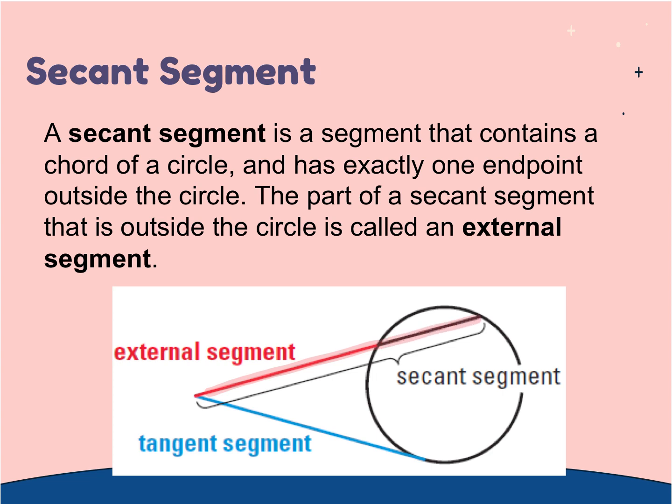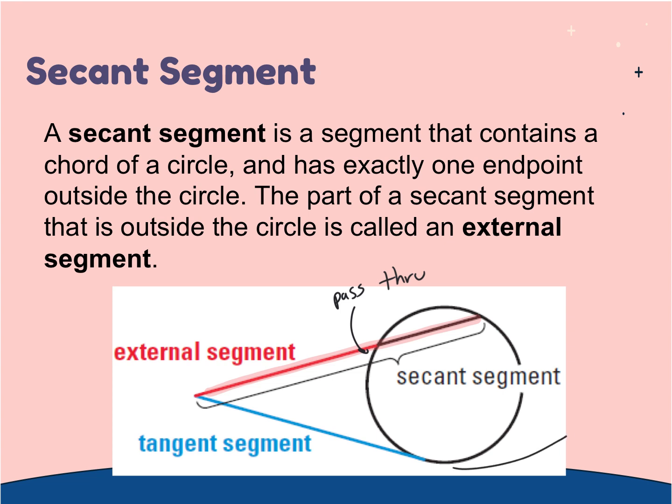What is the difference between a tangent segment and a secant segment? The difference is that the secant passes through the circle. Okay, so it passes through the circle. We have the secant segment inside the circle, the external outside of the circle, but the difference between the tangent and the secant would be that it passes through the circle or it doesn't pass through the circle.